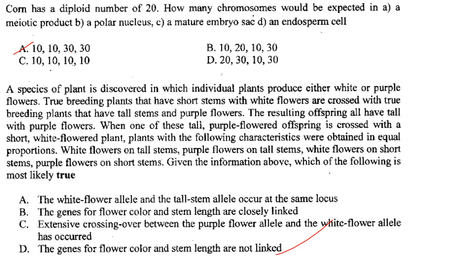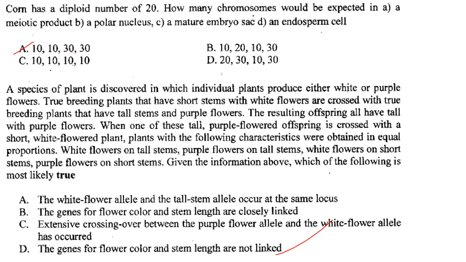When one of these tall purple flowered offspring is crossed with a short white flowered plant, plants with the following characteristics were obtained in equal proportion: white flowers on tall stems, purple flowers on tall stems, white flowers on short stems, and purple flowers on short stems. Given the information above, which one of the following is most likely to be true?